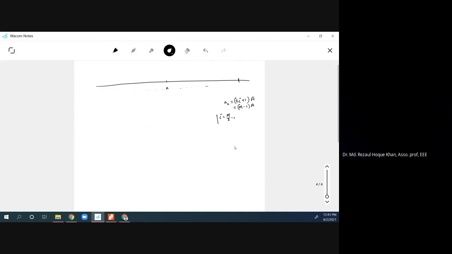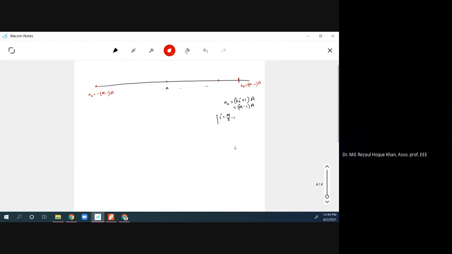So the last point is this point. For example, this is the last point, so this is A0 equal to M minus 1 times A. Or in this end, A0 equals minus M minus 1 times A. What was the previous point then?